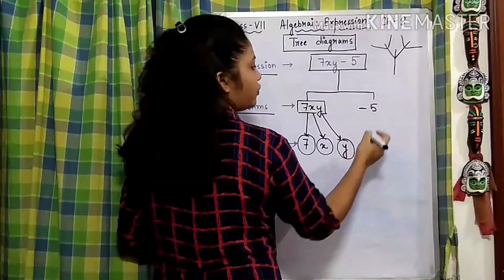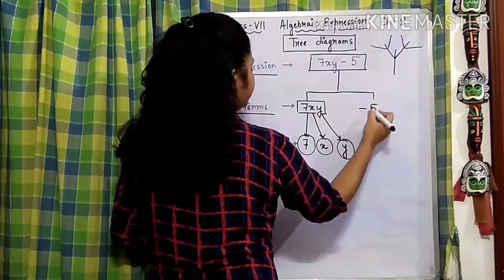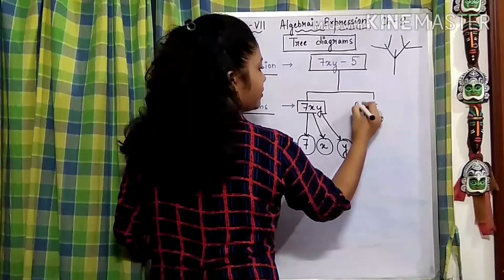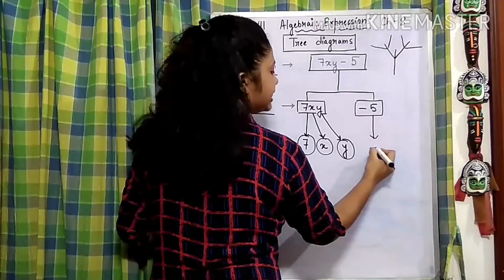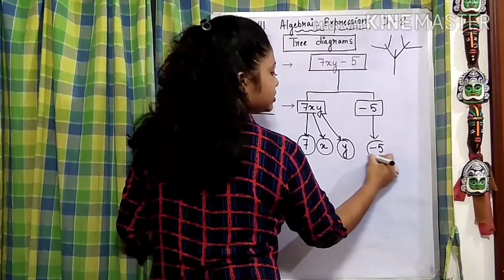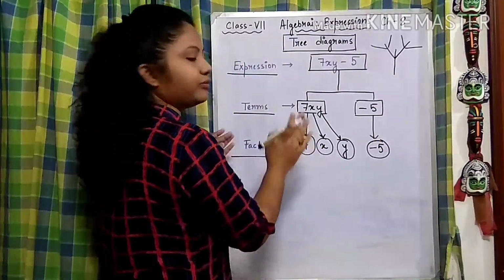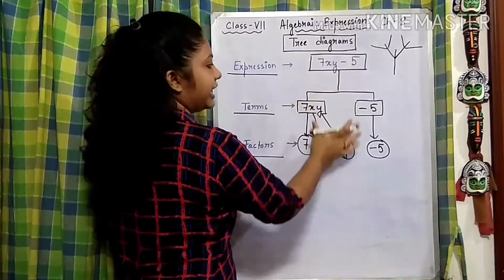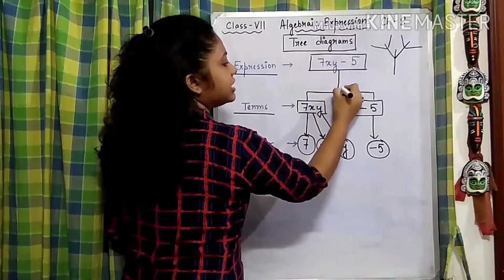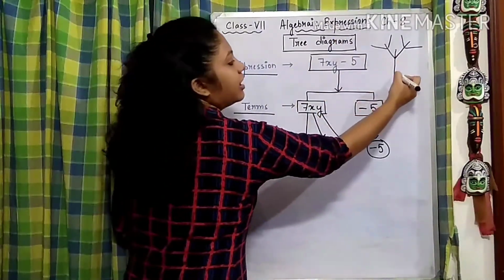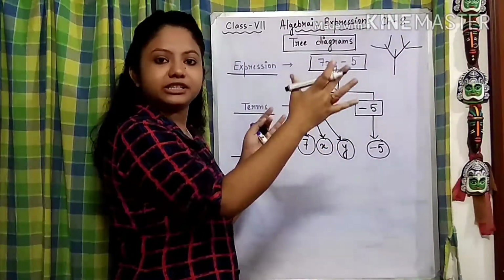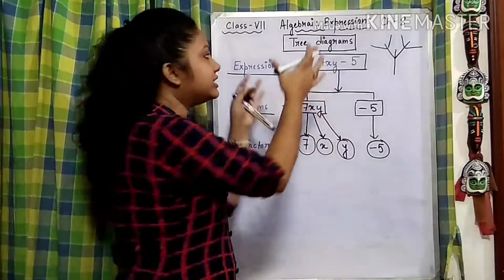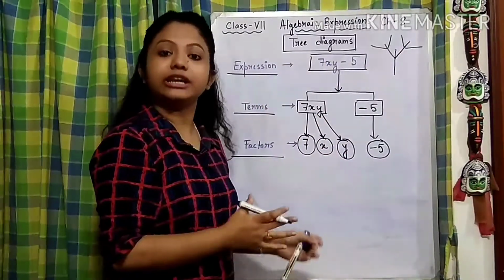And from the last term, minus 5, we are going to get only one factor, that is minus 5. So this is how we find the factors, and this is a simplification, just like a tree gets simplified as it spreads its branches, right? So this is what we call a tree diagram.